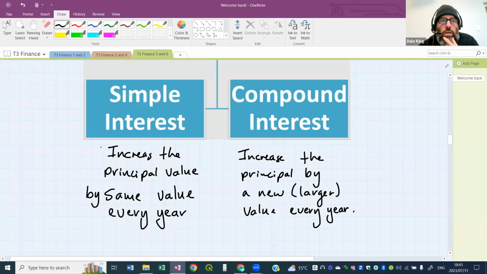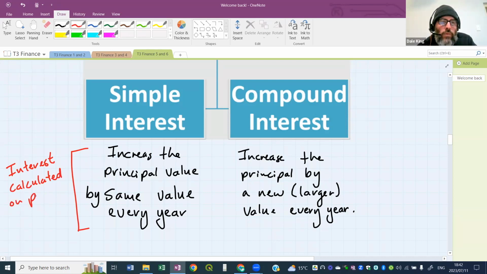All right. So I'm going to write another note here. Simple interest is interest calculated on principal value only.